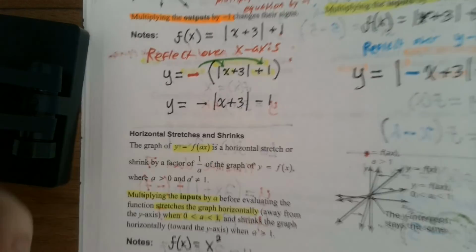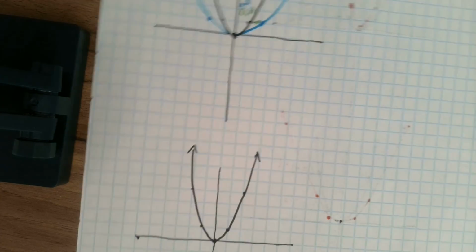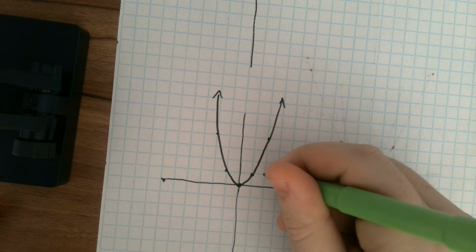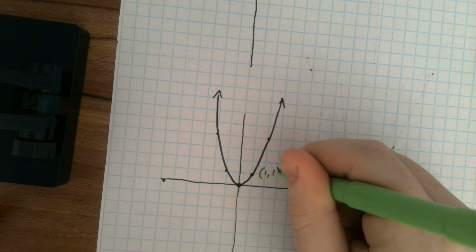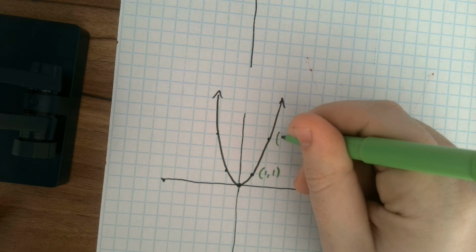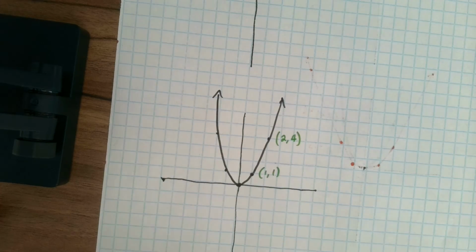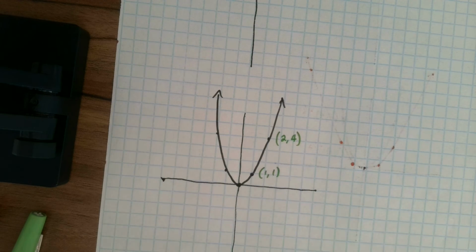Well, let's take a look and see if we can do the same thing for horizontal shrinks too. Let's say we once again have the same graph of f of x equals x squared. Let's say we want to shrink this by 1/2. We want to make it so that these points are twice as close together, horizontally shrinking it.